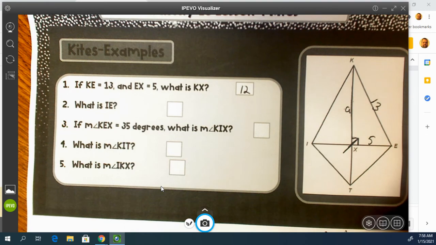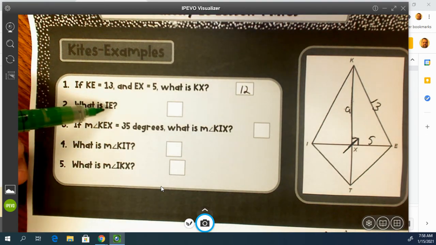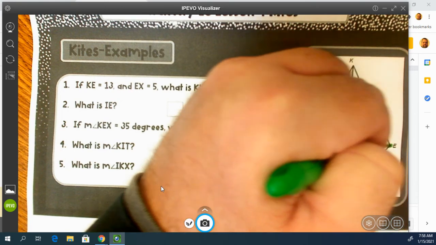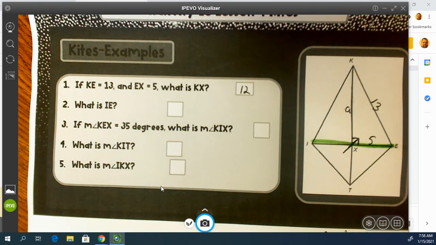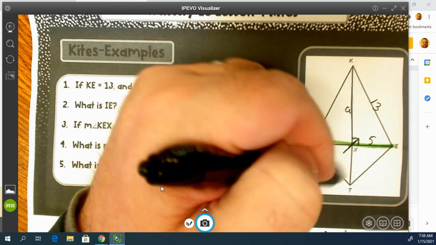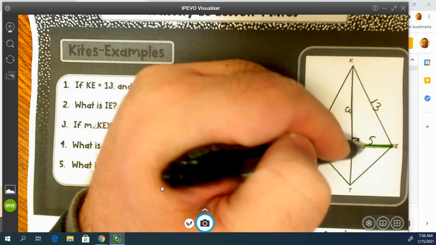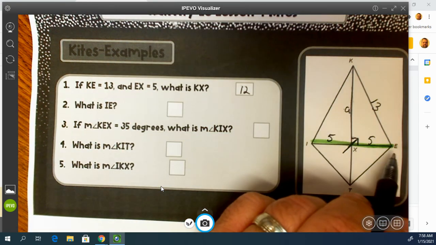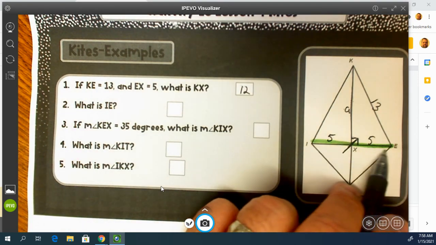All right, so the next one. What is IE? So I'm going to highlight this one. What is this entire length right here? Well, remember, the shortest diagonal is bisected. So if this side is 5, the other side has to be 5. So what's the entire length?